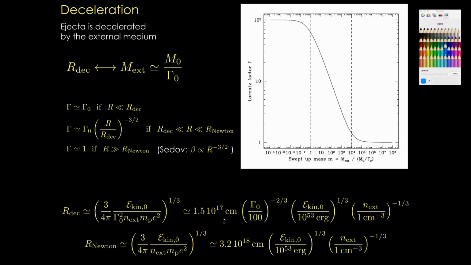But of course, there are strong dependency on the Lorentz factor, on the energy, on several parameters for each characteristic radius. And so you can explore some region in the parameter space where you have some interaction. For instance, when you start to have internal shocks before the photosphere, or when you start to decelerate before the end of internal shocks, things like that.